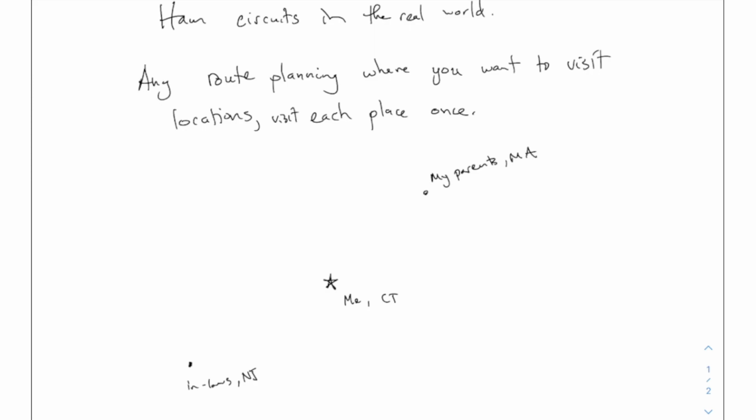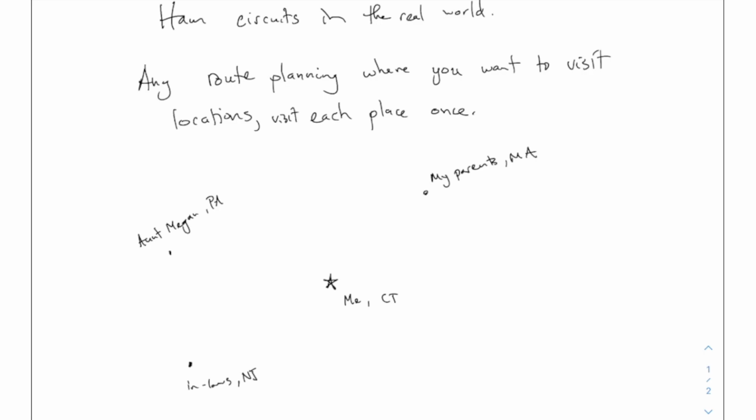And then the other family member I've got is Aunt Megan. Aunt Megan lives in Pennsylvania. And let's say I want to, of course, start and finish at my house, and visit all of these people, the other three locations.